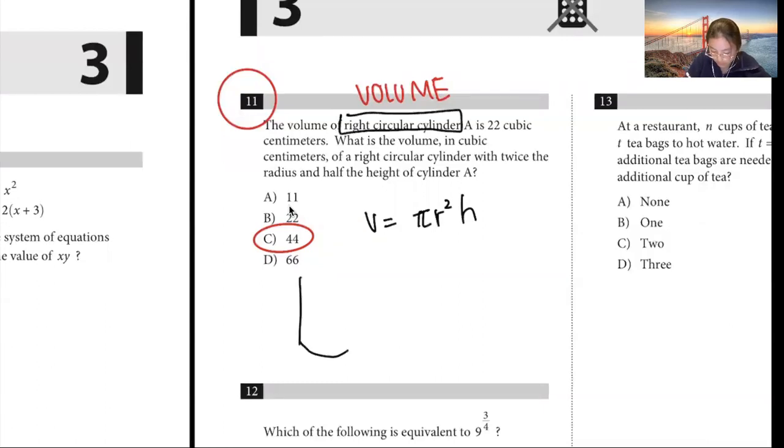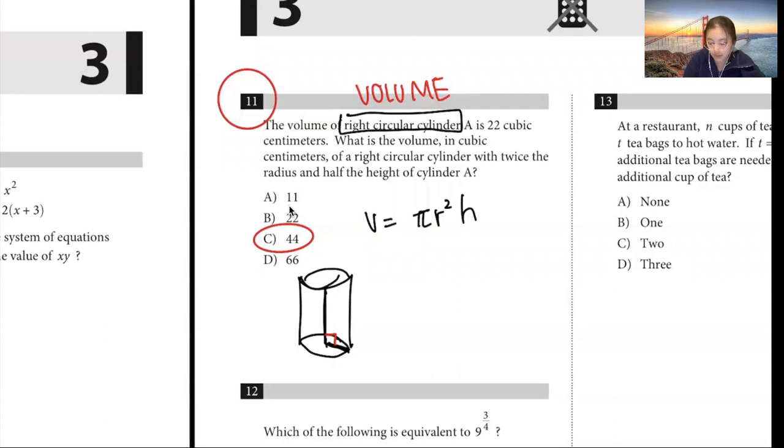A right circular cylinder means, sorry, that was my dog, means, okay, this is the axis of the cylinder. And when you draw a line in the circular plate, it's going to create a right angle here. So basically, this is what a cylinder looks like.